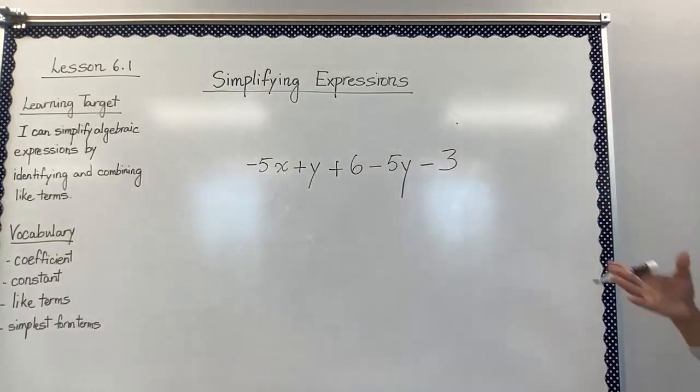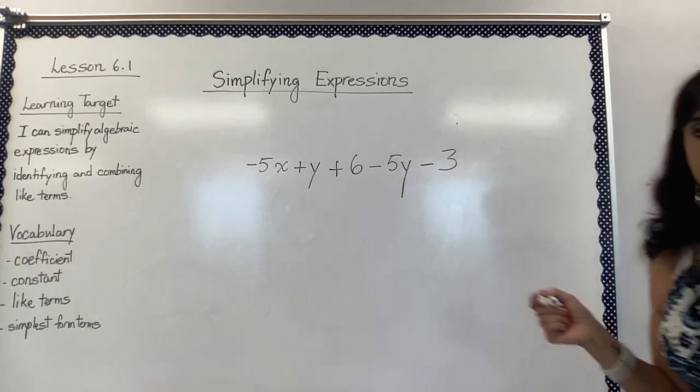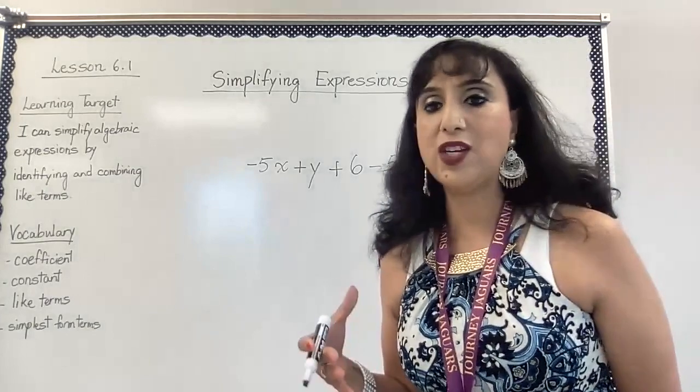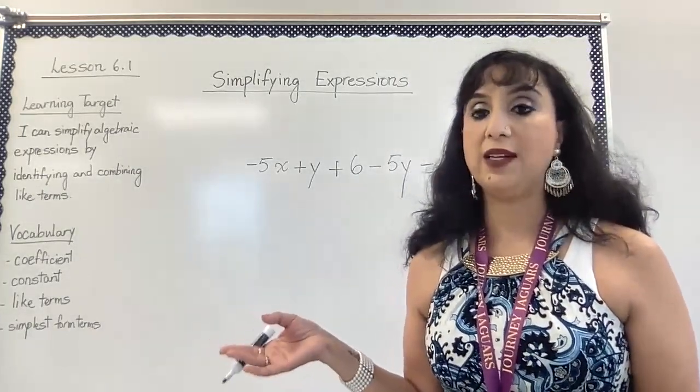Okay, so first I'm going to write this expression, and then I am going to rewrite subtraction as addition. Okay, because whenever there's subtraction, I'm basically doing what? Adding the opposite, or the keep, change, flip that we had talked about.